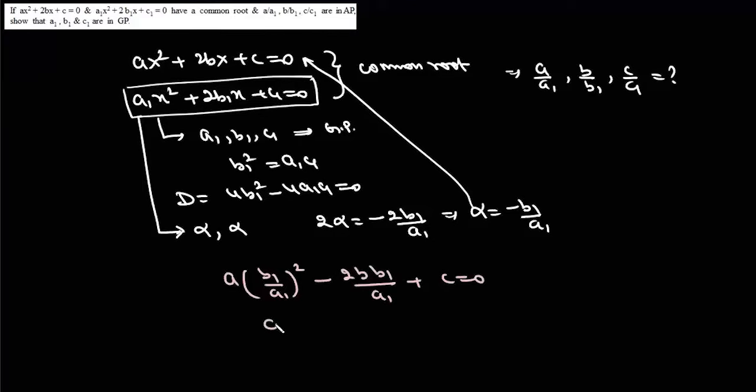So we can write a upon a1 square minus 2b upon a1 b1 plus c upon b1 square equals 0. Now we know that b1 square is a1 c1. So we'll write this b1 square as a1 c1.